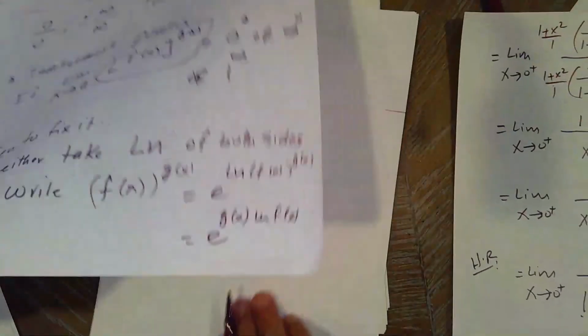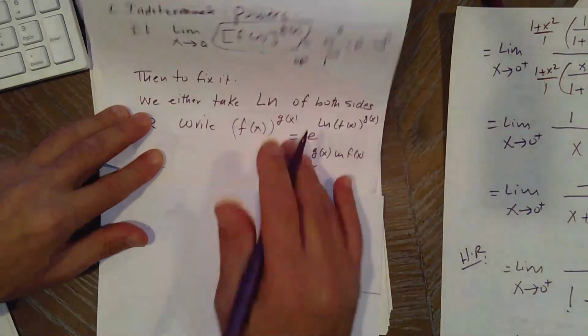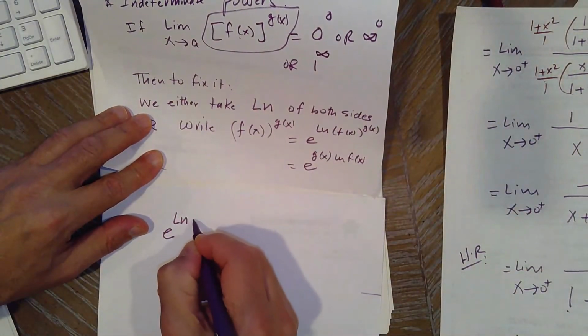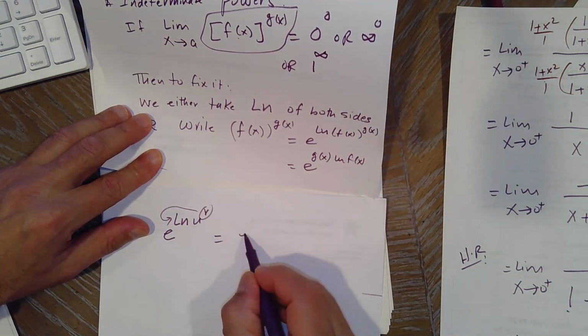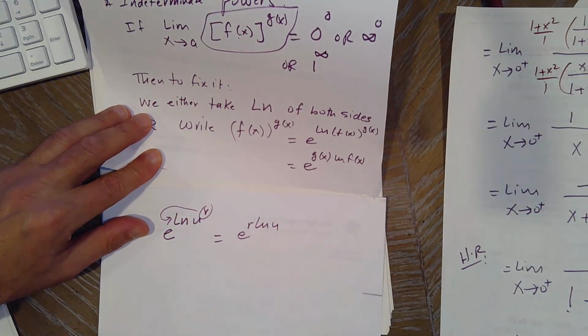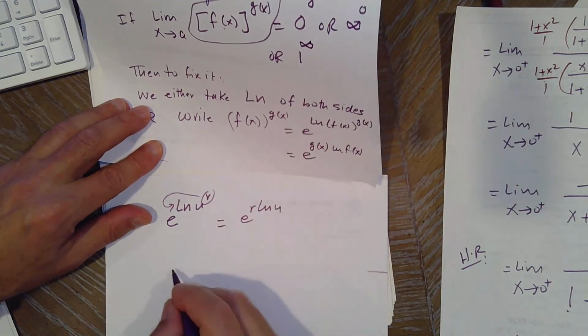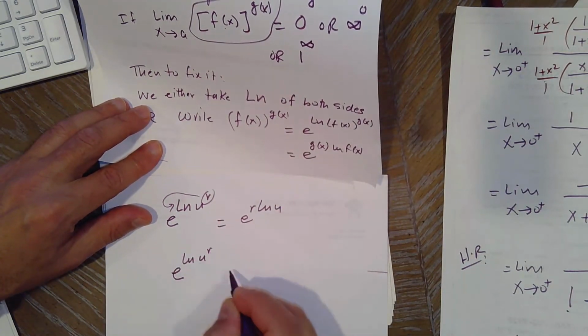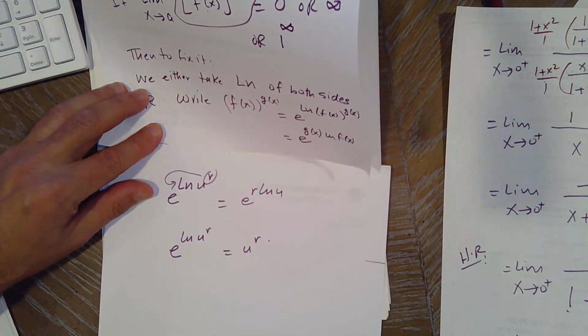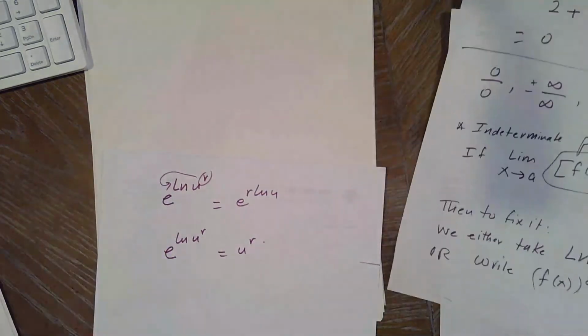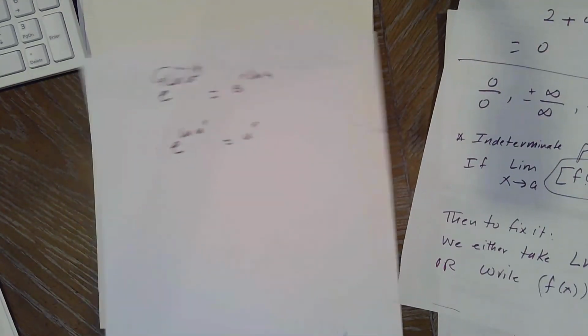Why is that? Because we know that ln of u to the r equals r ln of u, and we also know that e to the ln u to the r equals u to the r, because e and ln cancel each other out. That's why we can do that. Okay, so here's an example.